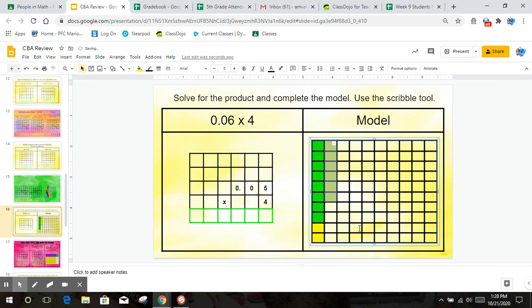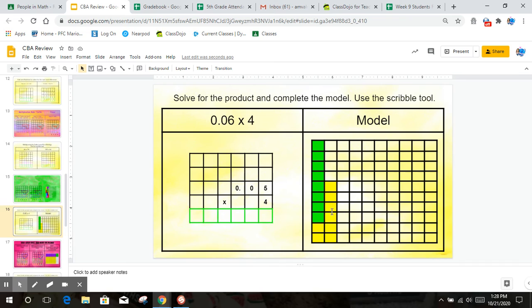See how I separated my yellow? I can't separate my yellow, so that's not going to work. What I'm going to have to do is I'm going to come up here, and now my yellow is connected. So I know that you have the right idea, some of you. They were very close to doing the correct way. However, you have to make sure that you do it like this, where the colors are connected.